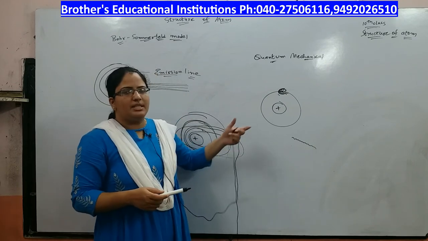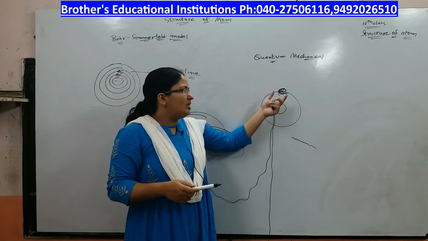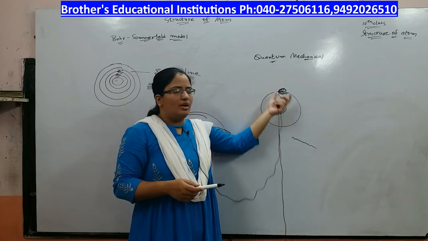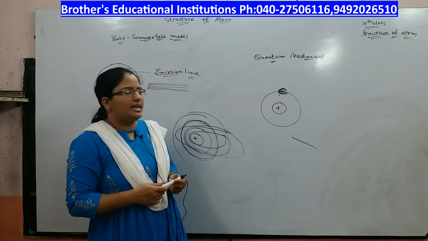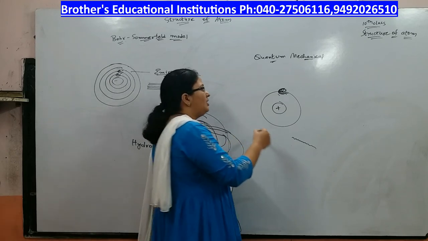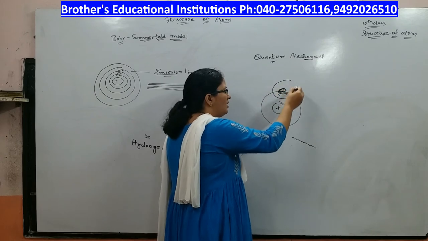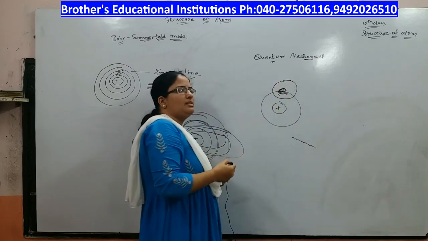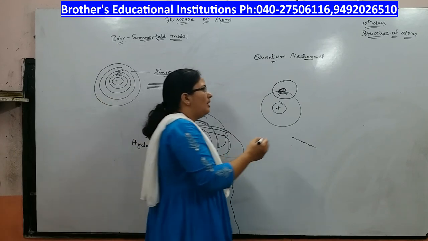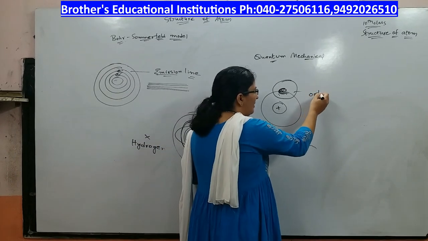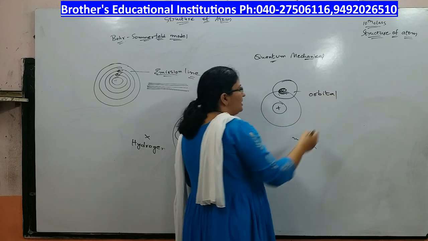Moreover, from our previous discussion, it is clear that electrons do not move in definite orbits. So, a scientist called Erwin Schrödinger said that they do not move in definite orbits, but you can take a space around the nucleus in which you can find the electron. This is called an orbital.